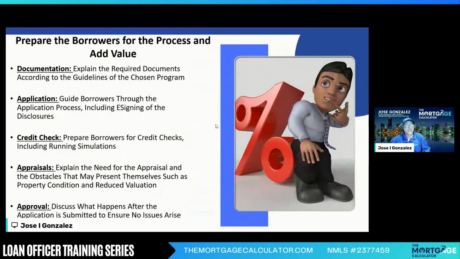So now definitely you want to prepare the borrower for the process, add value, right? You've already explained everything well. You're the consummate professional, but now you want to make sure you add value so that your borrower stays in the deal and closes. So make sure you explain thoroughly the required documents according to the guidelines of whatever program may have been chosen.